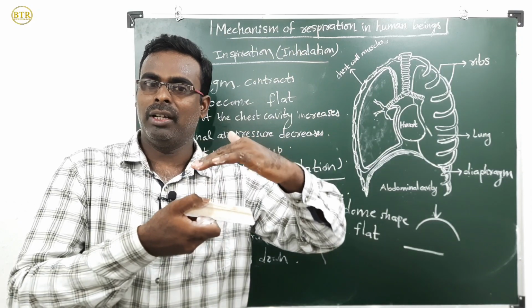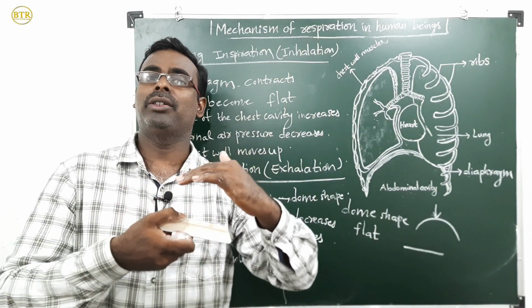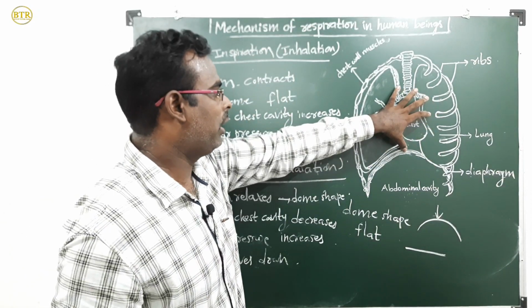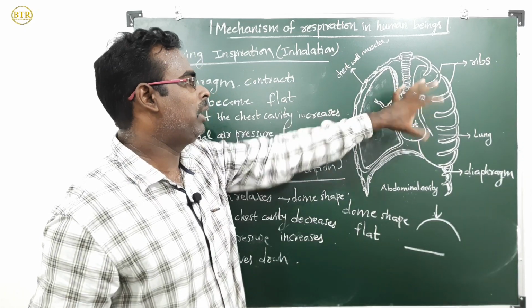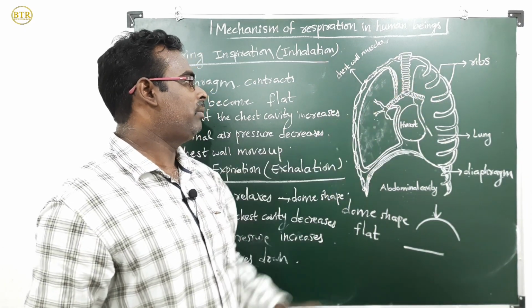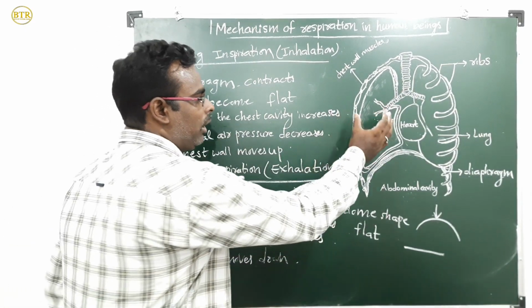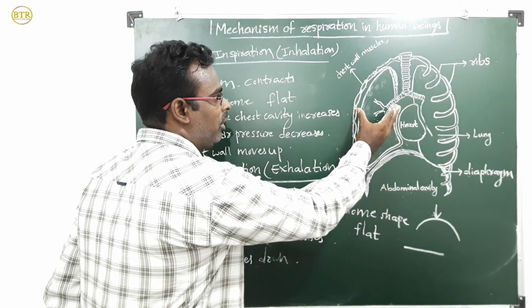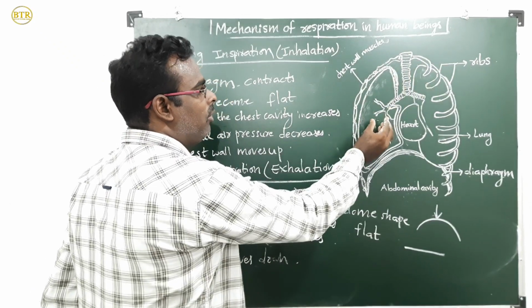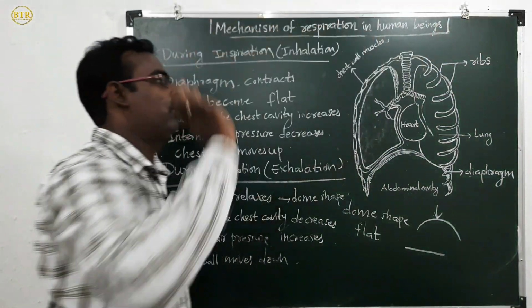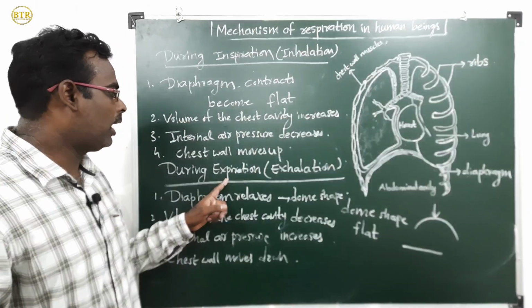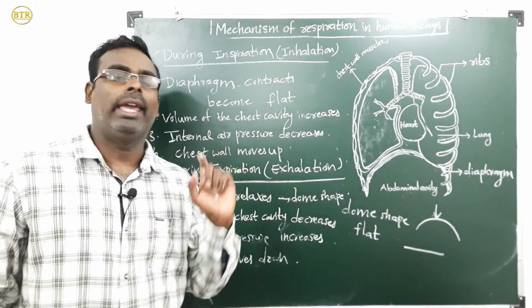Then internal air pressure increases. When the air pressure increases, whatever air is present in the lungs is squeezed out. The air goes out through the nostrils. That process is called expiration or exhalation.